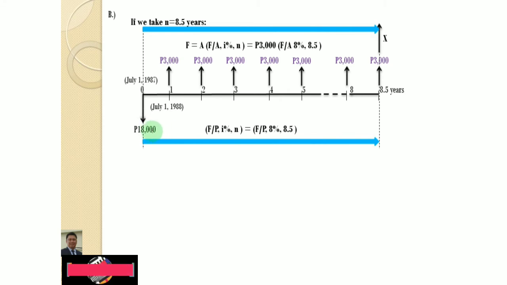So take note, we are going to calculate the future worth of this given principal amount of 18,000, and we are going to equate this to the future amount using 3,000 as our annuity, with n equal to 8.5 and our interest of 8%.